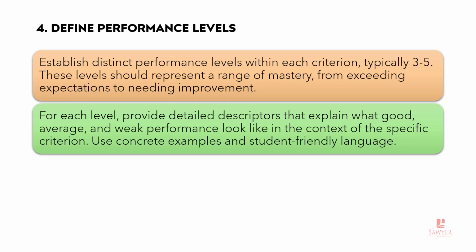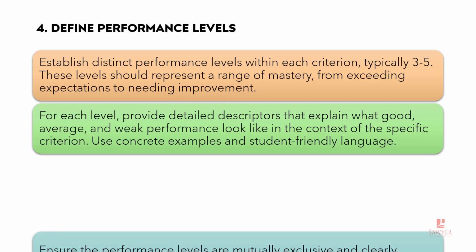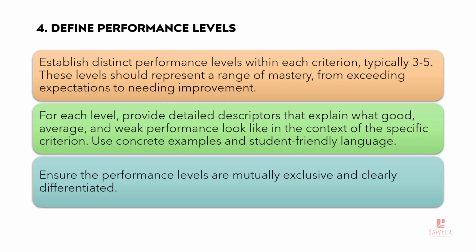Of course, removing names so that nobody gets embarrassed, but save some writing that matches the different descriptors, because it's easier to show examples. And then, of course, ensure the performance levels are mutually exclusive. They are individual. It's easy to identify them from each other.